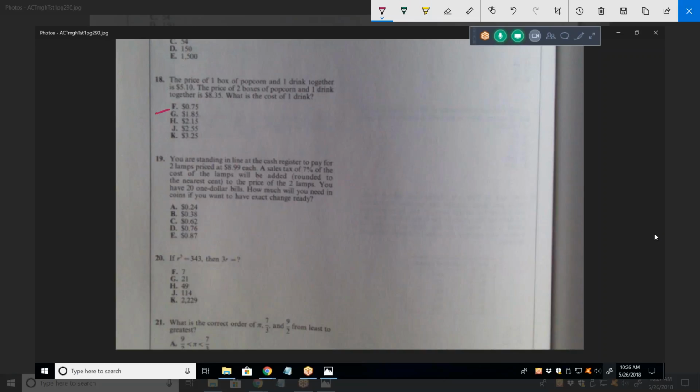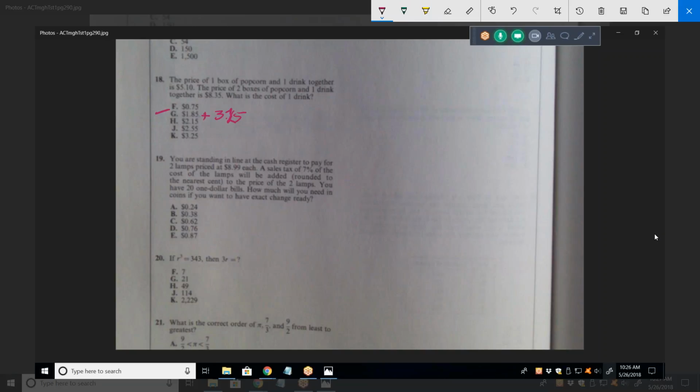So let's test that. Now, if that's the cost of one drink, then the cost of one box of popcorn has to be what? $3.25. Jeez, I can't do math here all of a sudden.